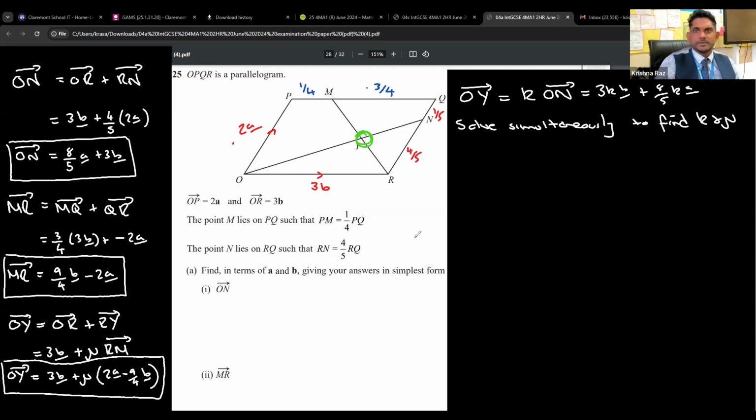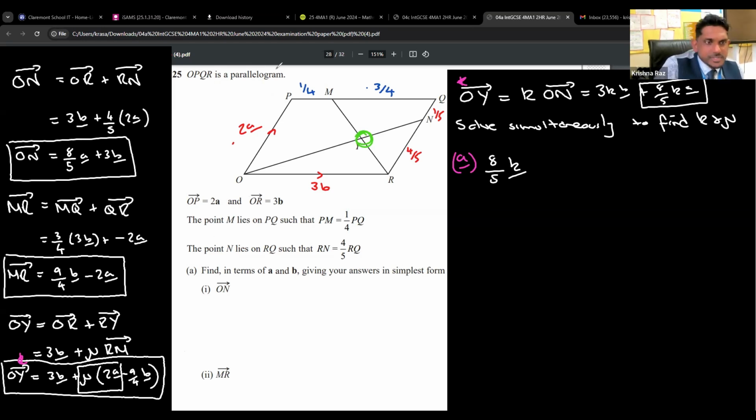Yes, so what I'm going to do, because these two equations are both OY, their A's and B's must be equal to each other. So if we evaluate the A's first, we know that 8/5 K must be equal to this bit here.